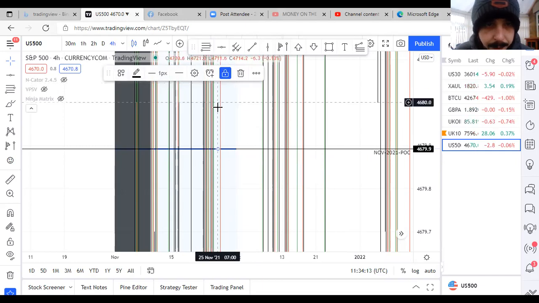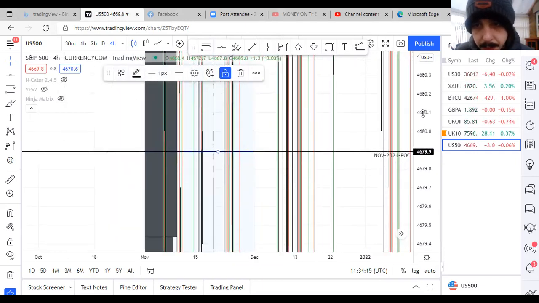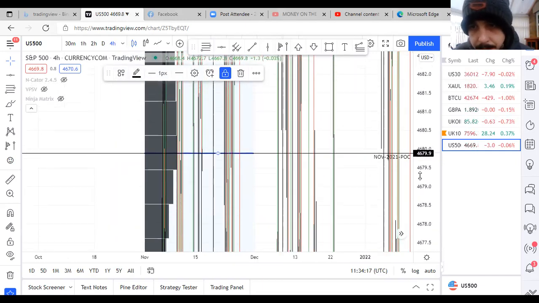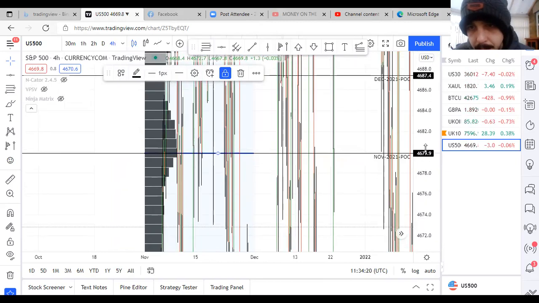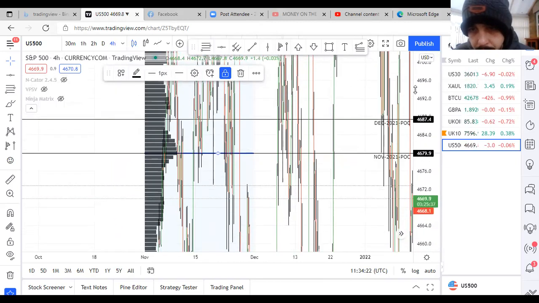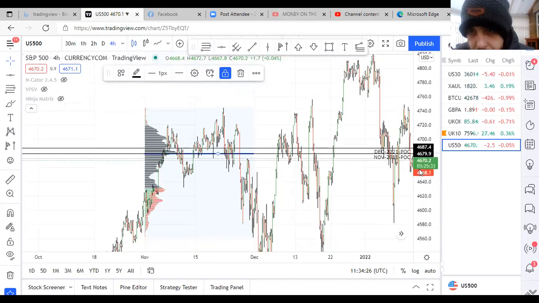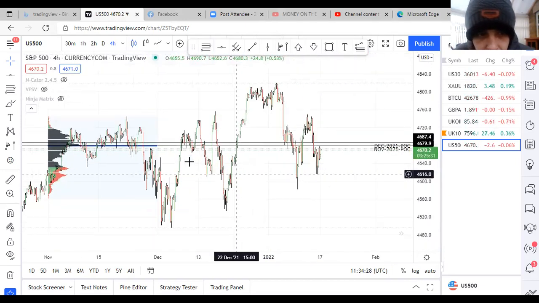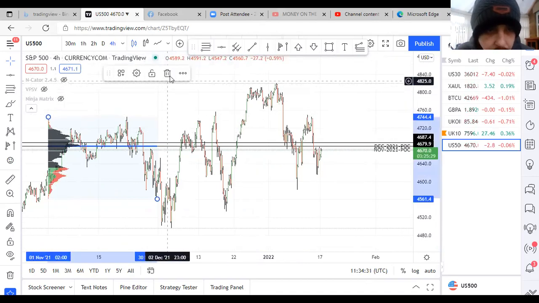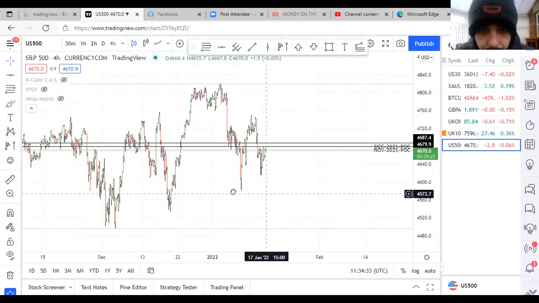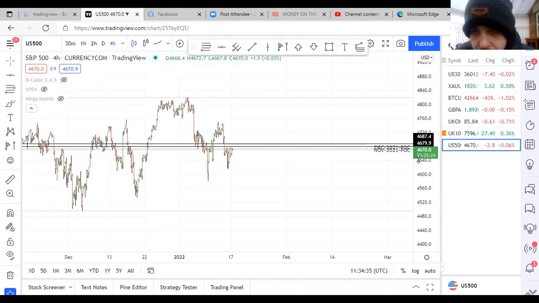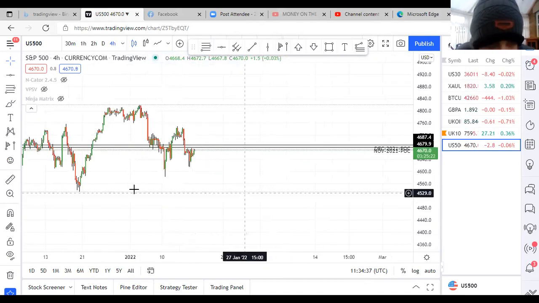Lock it off. Zoom back out. And the last final POC that is relevant. Oh, just get rid of that. Keep it clear. Is January to date.